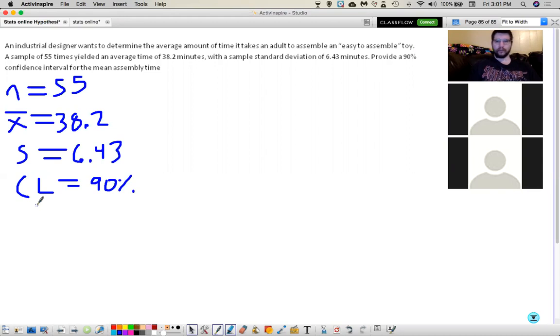Hold up, can you restart? Because my internet kicked me out and I missed all that. Okay, well, I basically read the problem. Okay. So that's a T interval because of the S? Yep, it's going to be a T interval. Okay, does that change the way we approach anything? Yes, we're going to use the T chart instead of the Z chart. Okay, well, I haven't been able to watch the video because of the internet.